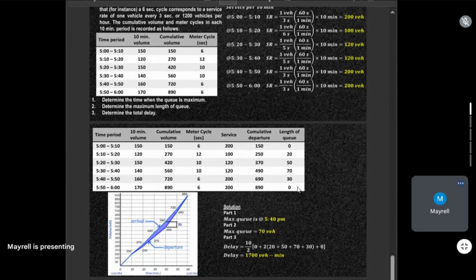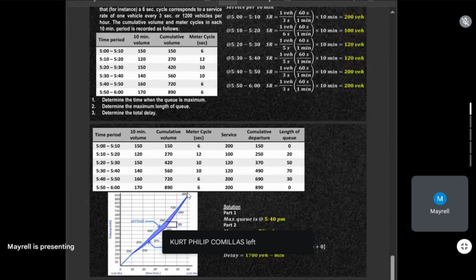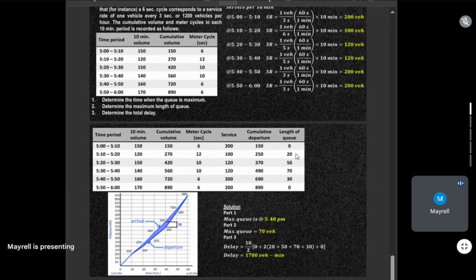And you can graph the arrival minus the departure. Okay, so arrival minus the departure. So from this graph or from this table, you can see that the maximum queue is at 5:30 to 5:40. So that's the 70.